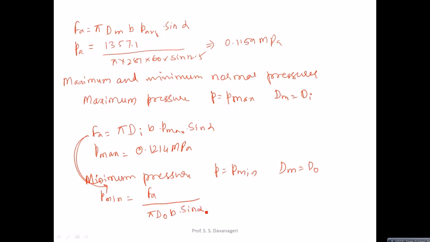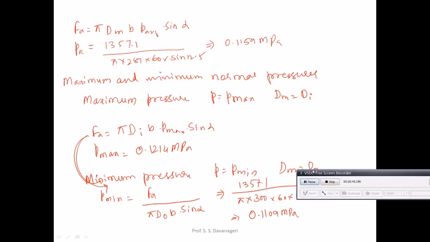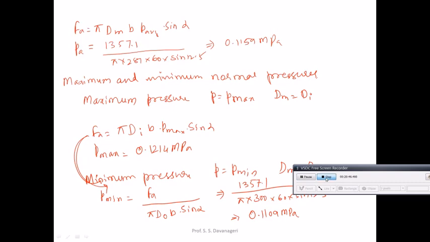And minimum pressure. Minimum pressure is at the extreme outer surface, that is dm equal to d naught. Use the same equation here also to calculate the minimum.